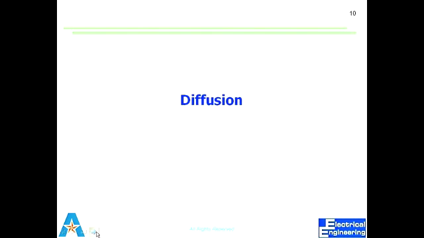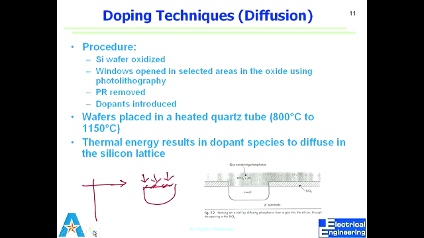First is diffusion. In diffusion, we can use silicon dioxide as a hard mask, and we can have a cocktail of gases according to our recipe, and do it at high temperature. During the process, those ions will incorporate into the bulk.